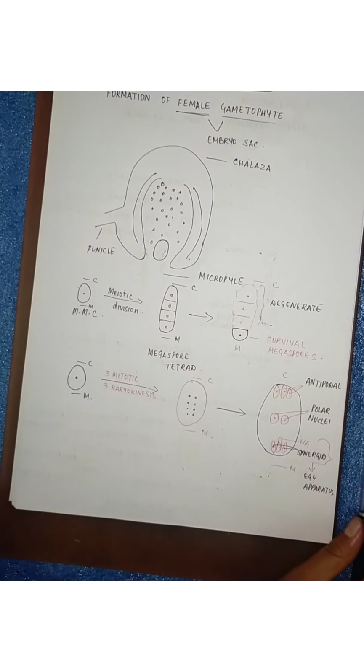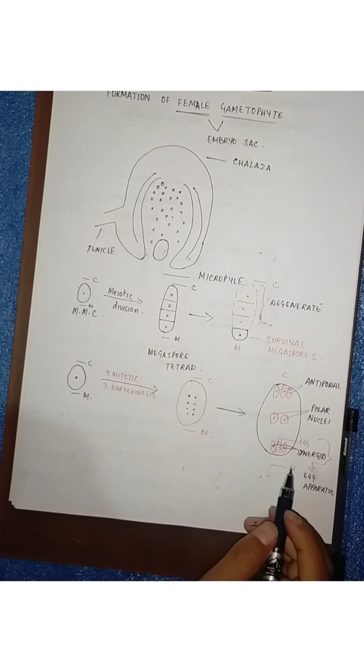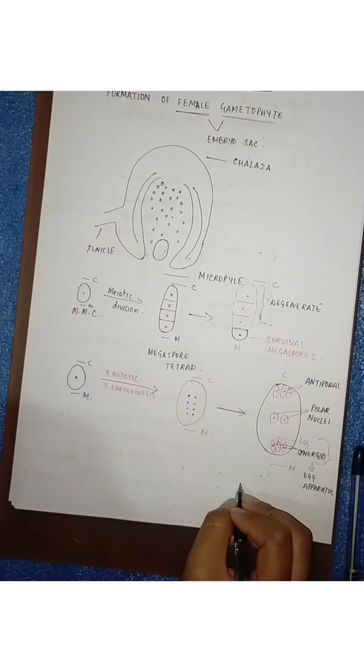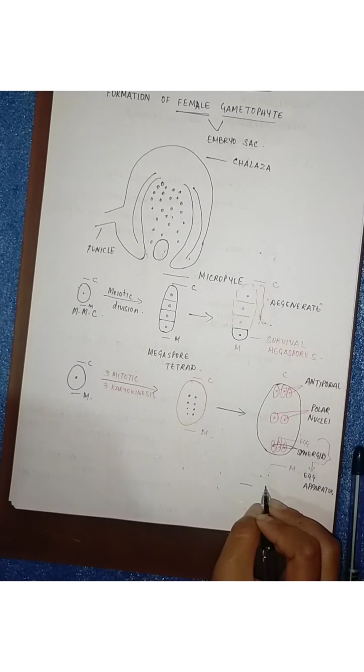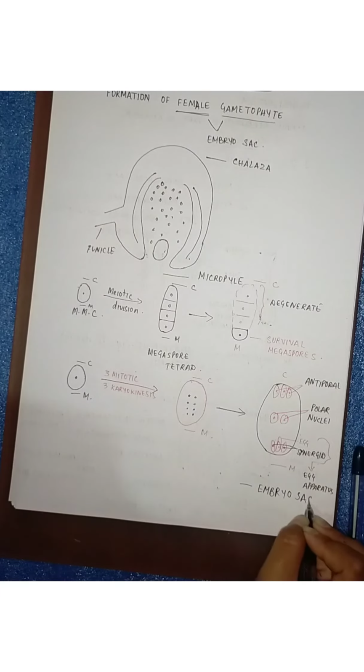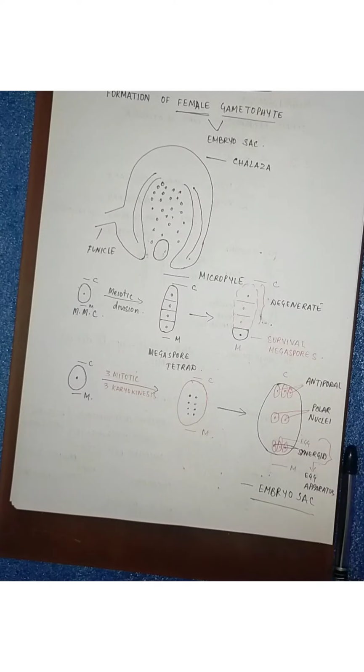So now we shall count. This is a fully developed nucellar cell which results in a fully developed embryo sac. So how many nuclei does this embryo sac contain?